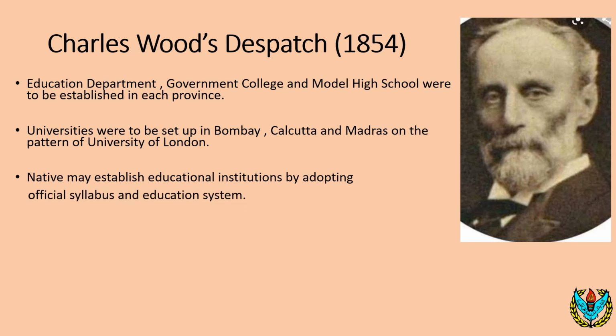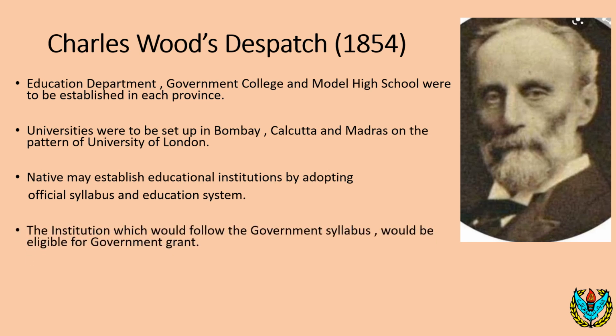He suggested the native people might establish their own educational institutions by adopting the official syllabus and educational system, and institutions following the government syllabus would be eligible for government grants.